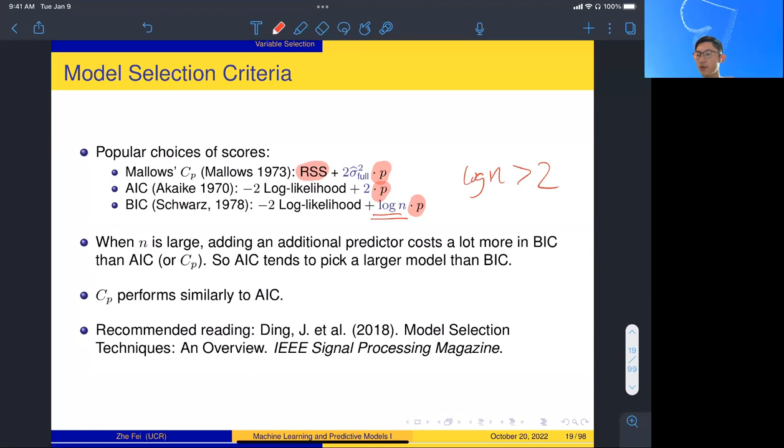In other words, BIC would choose smaller models. As we see here, AIC tends to pick a larger model because the penalty on model complexity P is smaller for AIC. Another remark: Mallow's Cp performs similarly to AIC. This paper is a good overview of some of the classic approaches if you want to learn more on this topic.